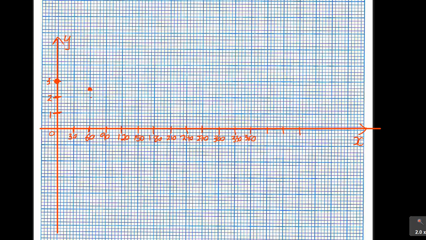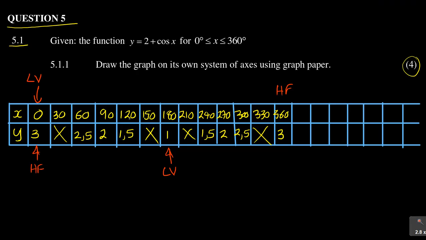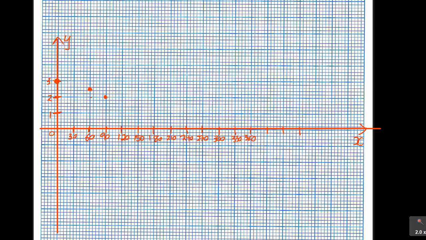So you go to 90 and you have your 2. And 120 is 1,5. You go to 120. Again, you've got your 1.